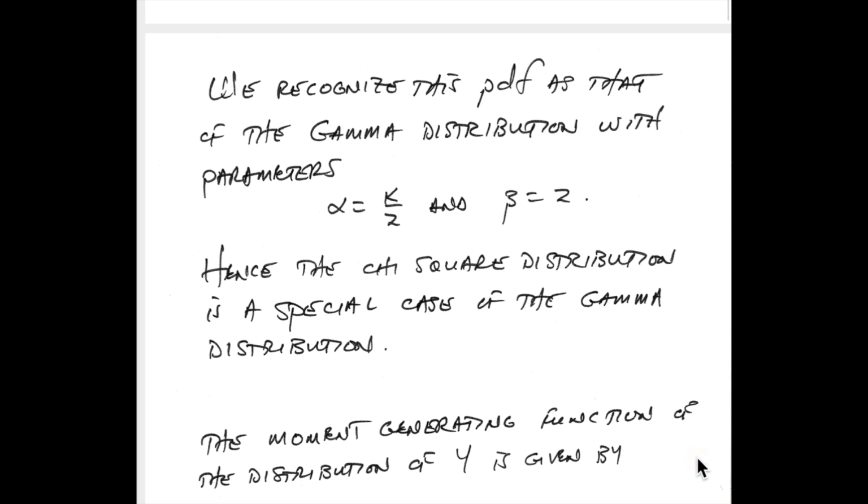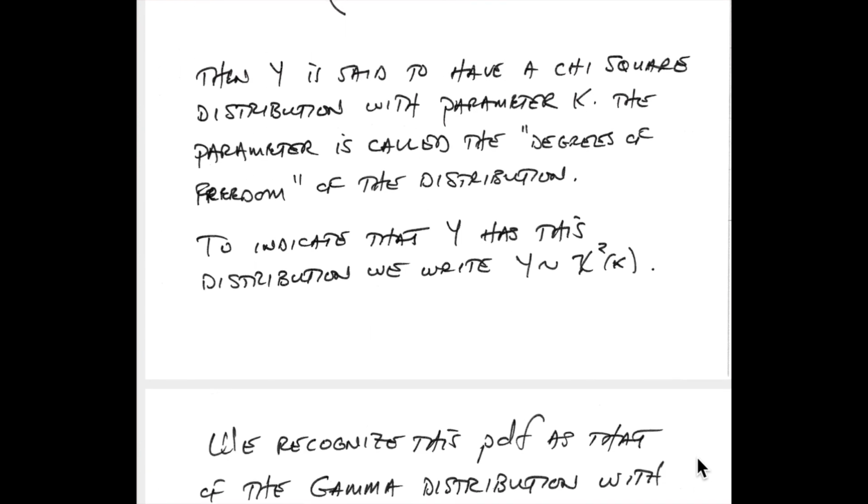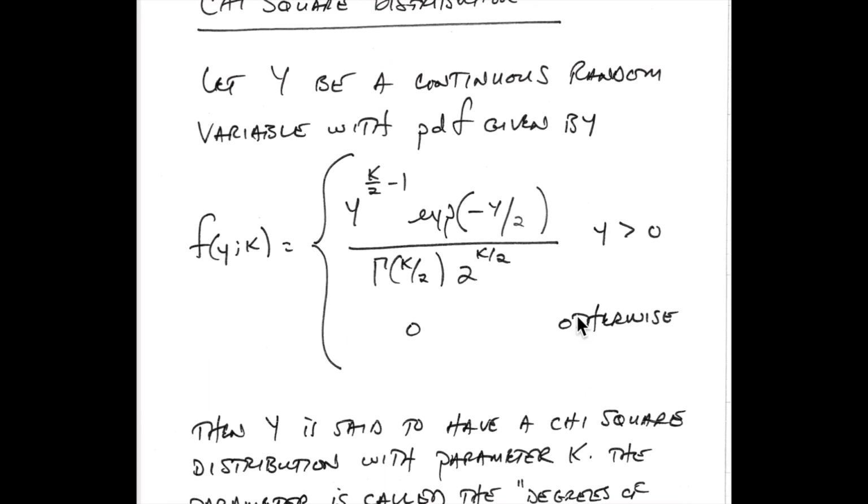You probably recognize that PDF as that of a gamma distribution with parameters alpha equal to k over 2 and beta equal to 2. If we go back and look at this, we see that this is the same functional form as that of the gamma PDF. For alpha, we have k over 2 in this location, this location, and this location. And for beta, we have 2.